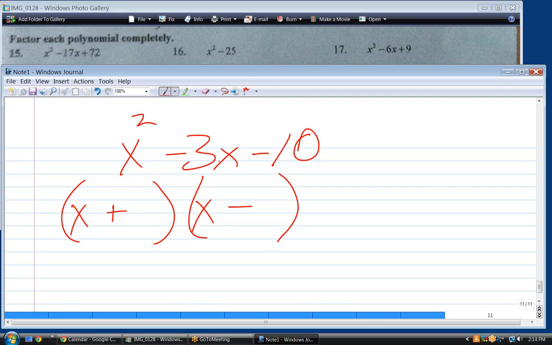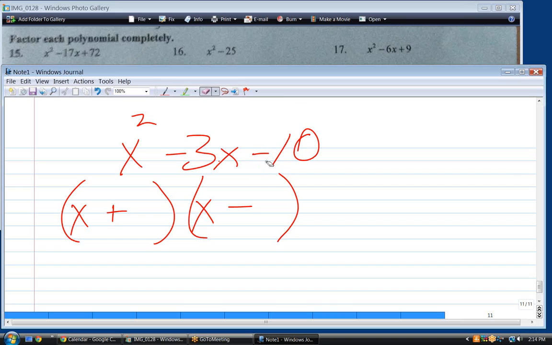Now, the rule says you want factors of 10 that subtract to the number 3. Not add, but subtract because of that negative sign right there. So the sign on this constant is huge. That's the most important sign when you go to factor a quadratic.